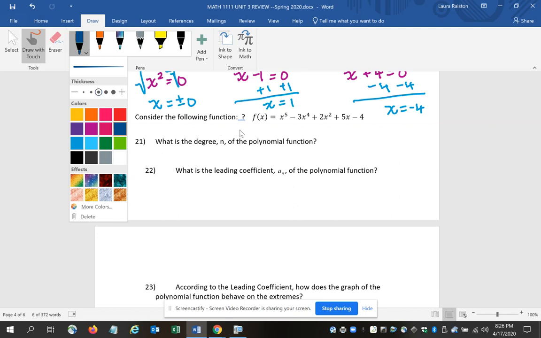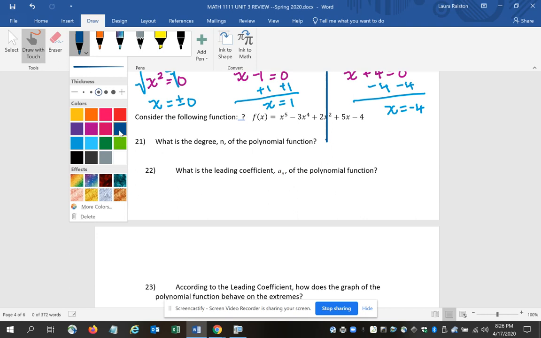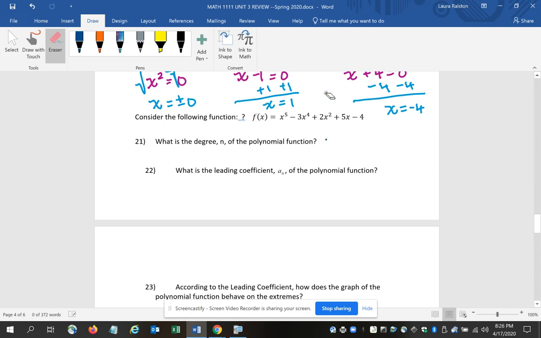And again, if I go back and glance, and I'm looking for the highest one, my degree here is 5. The degree is the highest exponent, and in this particular polynomial, that highest exponent is 5. So my degree is 5.